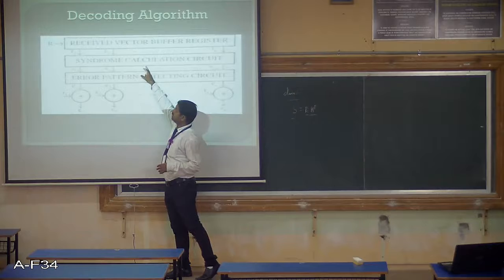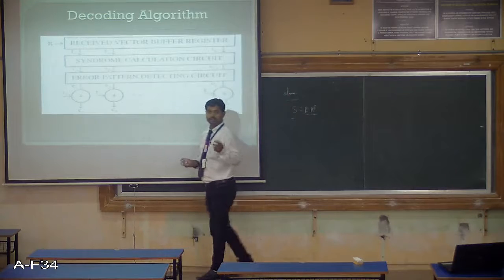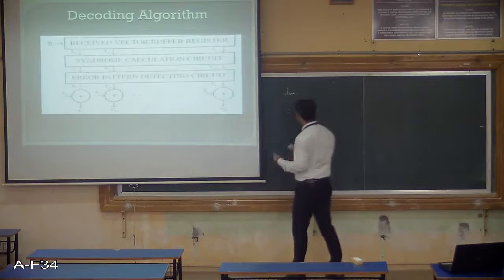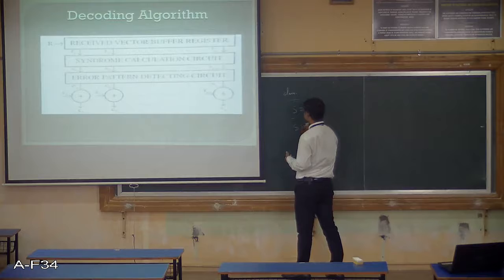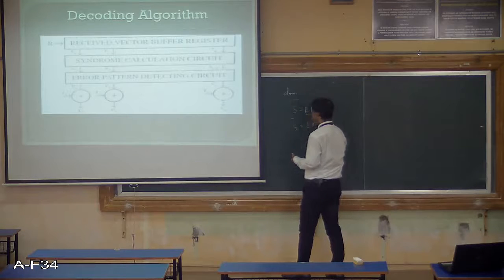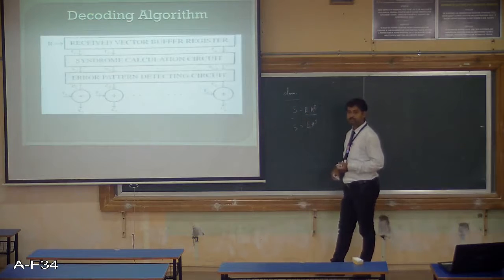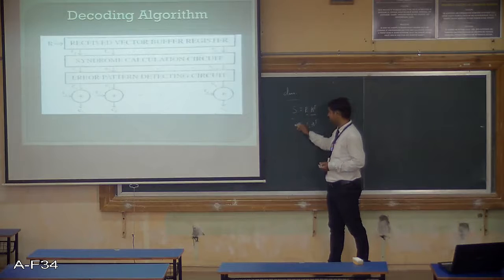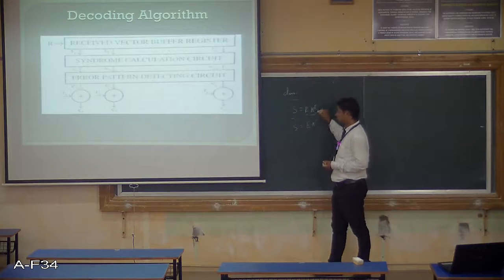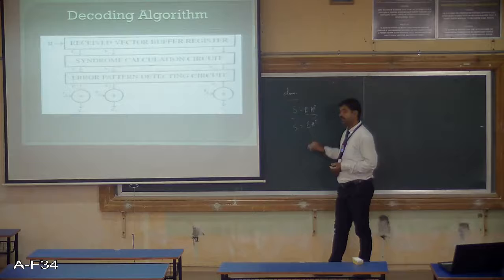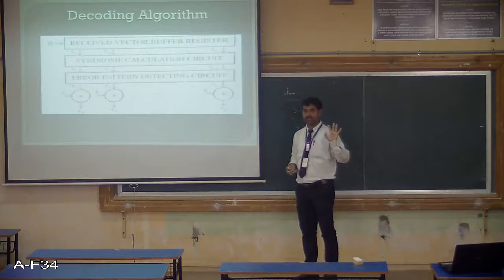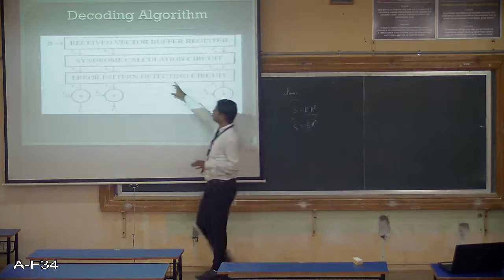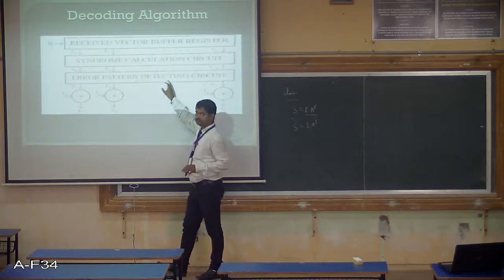If I know the syndrome S, you know what the equation for S is: S is equal to E H transpose. If I know S and H transpose, I can define my error vector E. That is the error pattern detection.